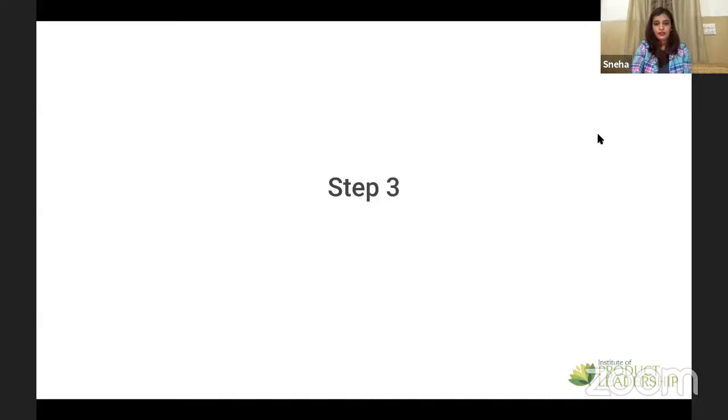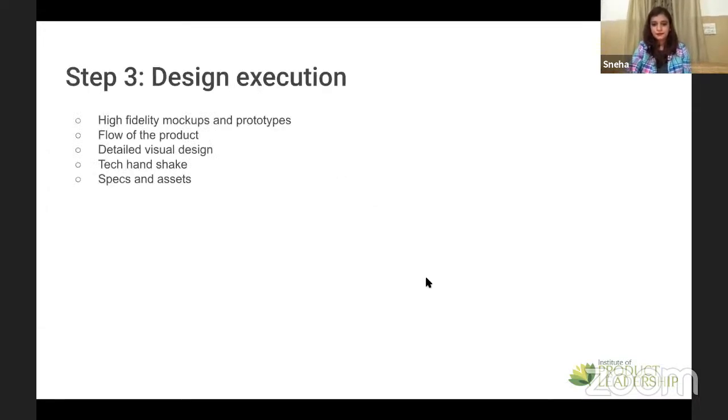All right, good. Now let's move to the next step, which is step 3. And that is about design execution. I don't want to make it very complex. That's why I divided this into 3 simple steps of what you need to do. Design execution is the one where you need to spend the most amount of your time.